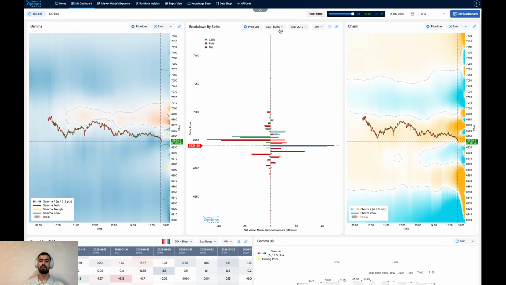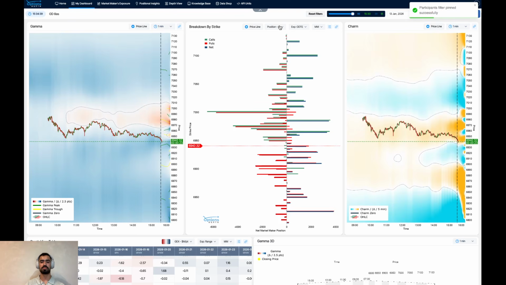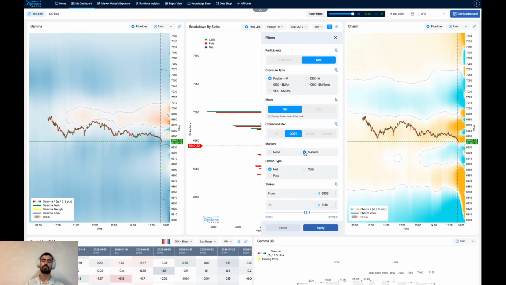So I like to see position, the expiration, and the market participant. You can pin or unpin any of these. I like to have these three for quick access. And since we're looking at intraday data, I'm going to put markers. This shows you wicks, high, low, and the previous value and the opening value.